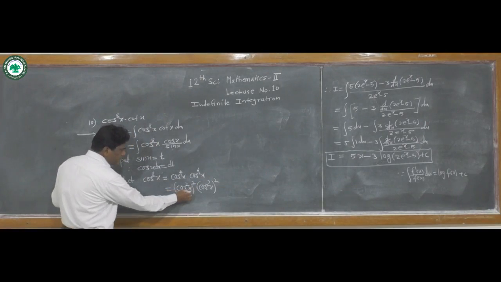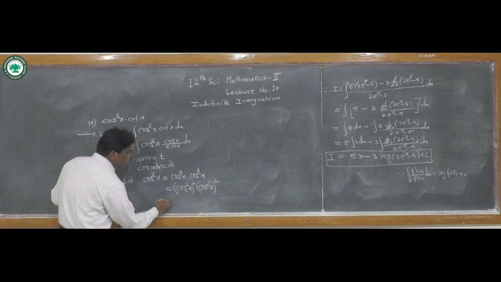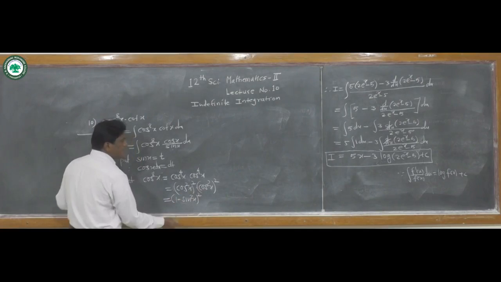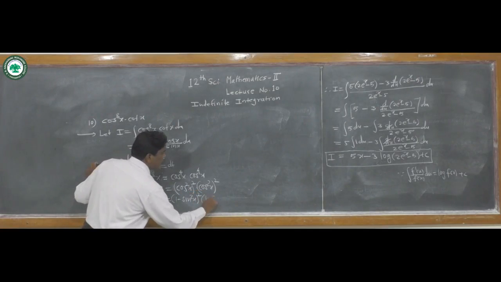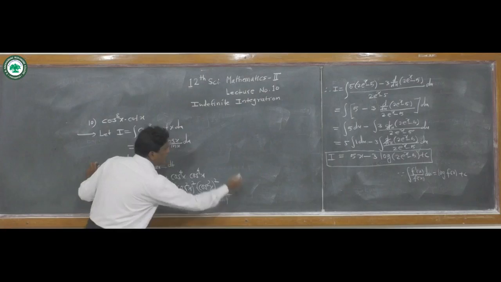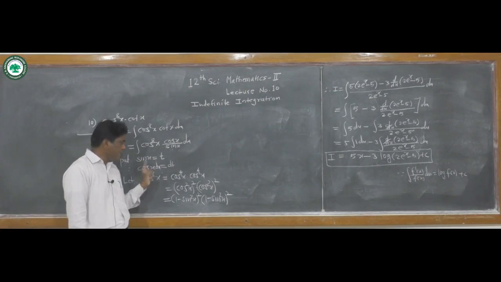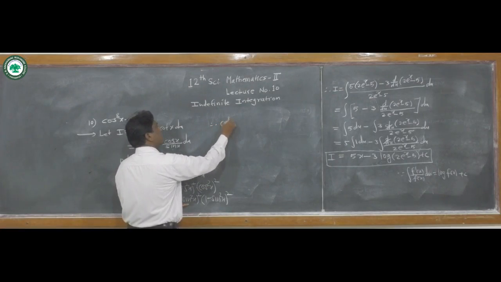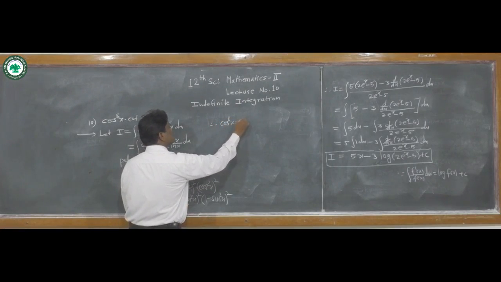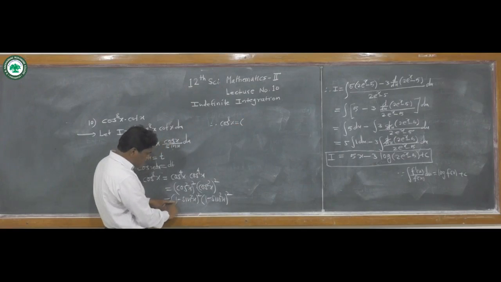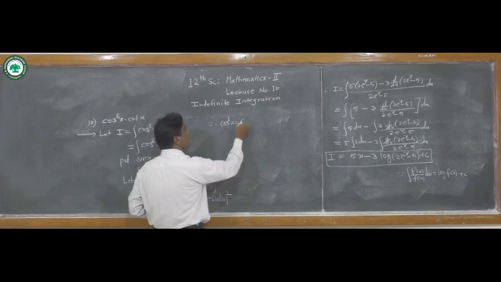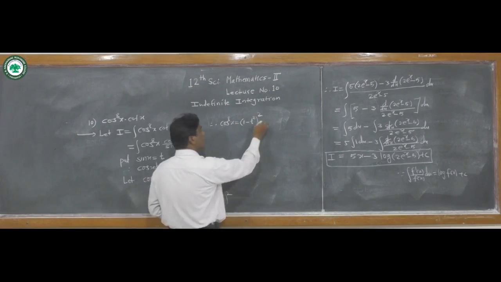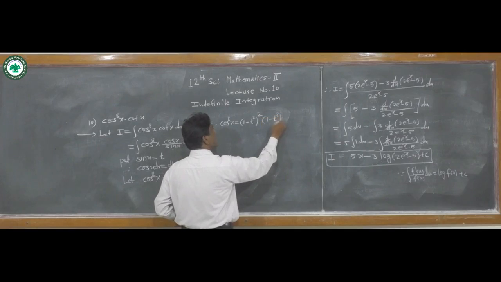Now cos square x is 1 minus sin square x. So we write here 1 minus sin square x bracket square, and here also 1 minus sin square x bracket square. And now here we put sin x as t. Therefore we get cos to the power 8x is equal to 1 minus t square bracket square, here also 1 minus t square bracket square.